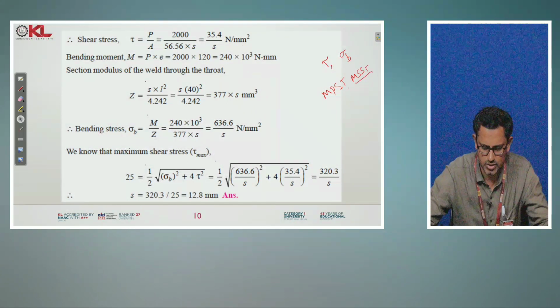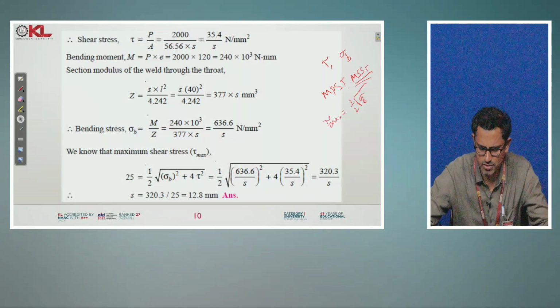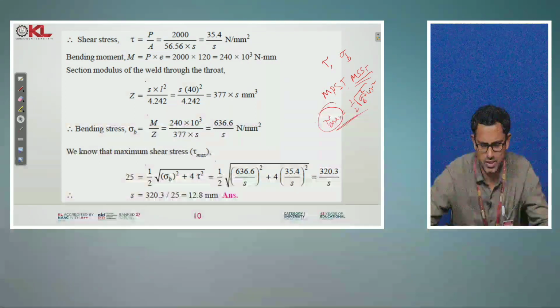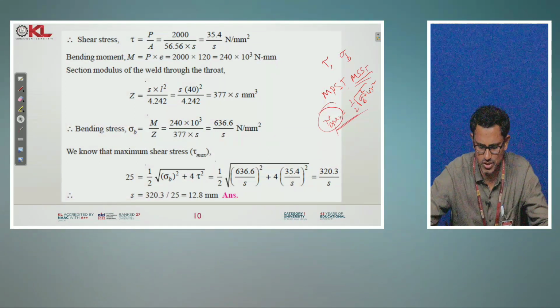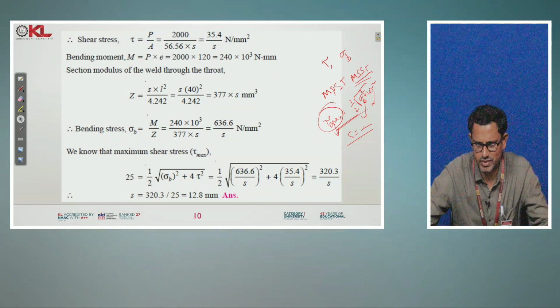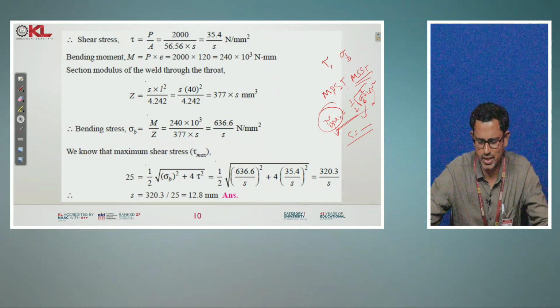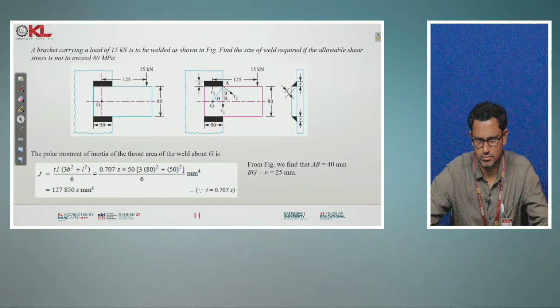So tau max is equal to half under root sigma B square plus 4 tau square, which will give you the maximum shear stress in the welded joints. Since this value is given, the only unknown in sigma B is S, and in tau also the only unknown is S. Like that you can calculate the size of the welds whenever a welded joint is subjected to eccentric loading.